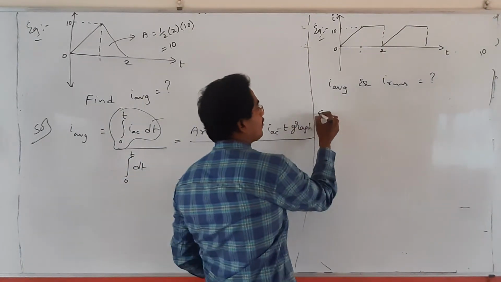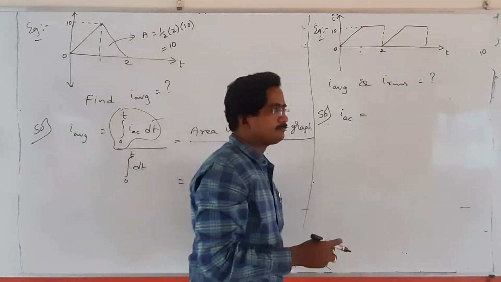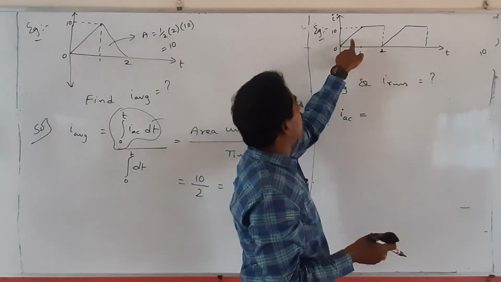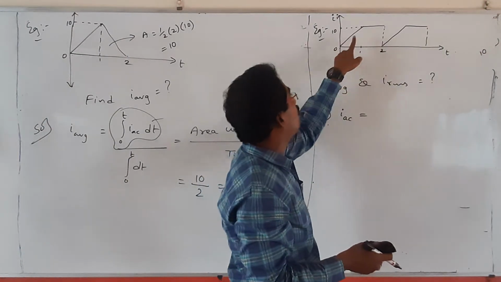See here. First of all, you have to write I_AC. What is the current equation we are getting here? y equals mx for the interval 0 to 1.